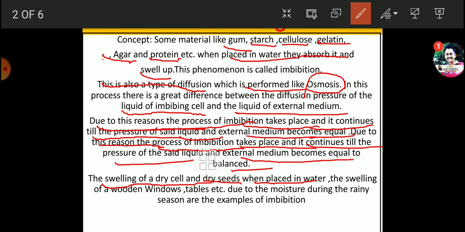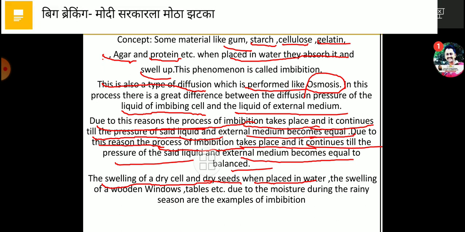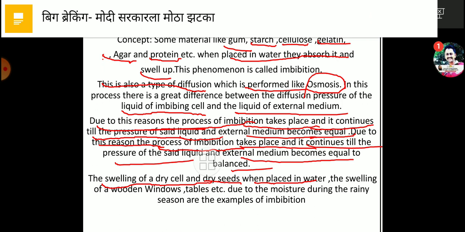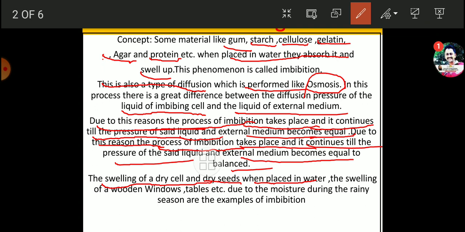The swelling of dry seeds when placed in water. We know that when we keep seeds in a beaker containing water, after 8 or 24 hours we find an increase in the volume, the water level in the beaker or container rises. That is because of the swelling of the seeds.